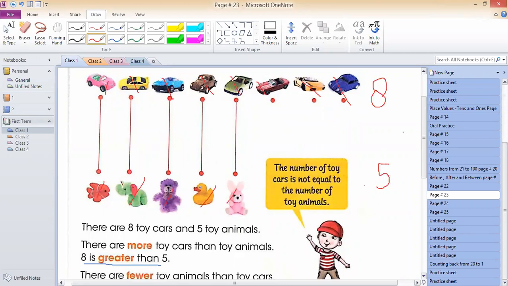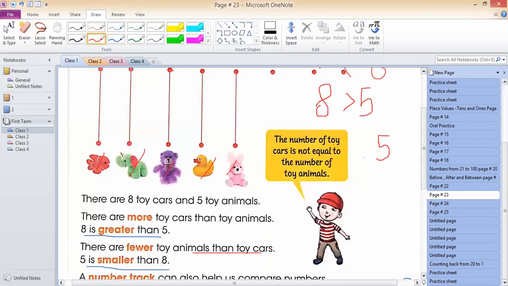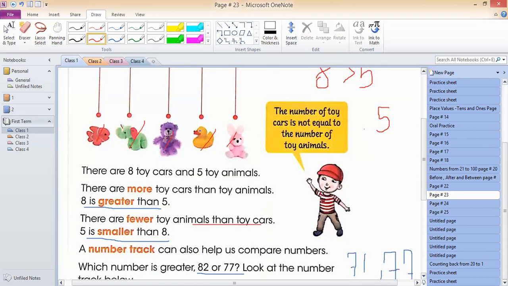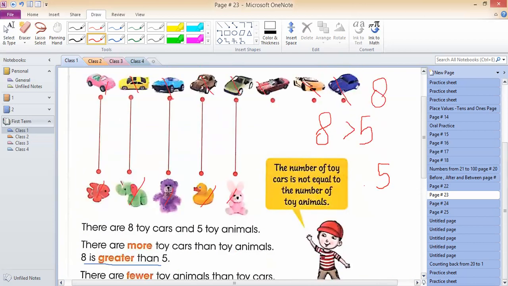So 8 is greater than 5. 8 and 5 are not equal. So you can say that the number of toy cars is more than the number of toy animals. Like here, there are more toy cars than toy animals because 8 is greater than 5.